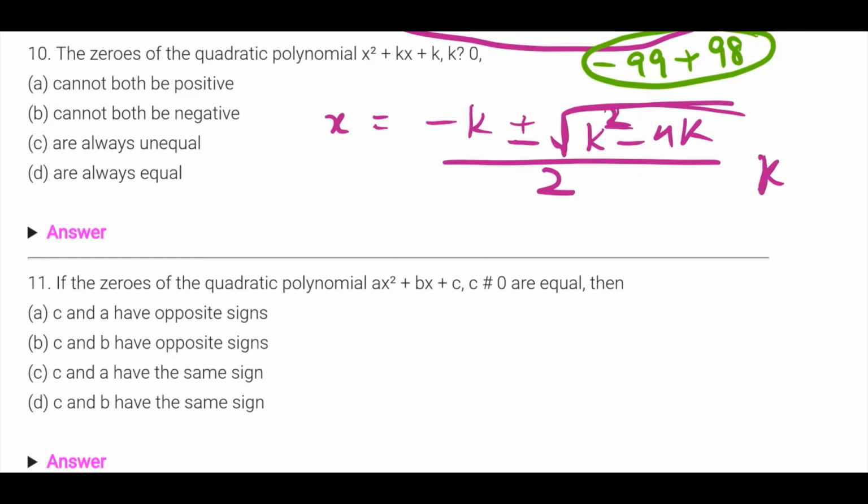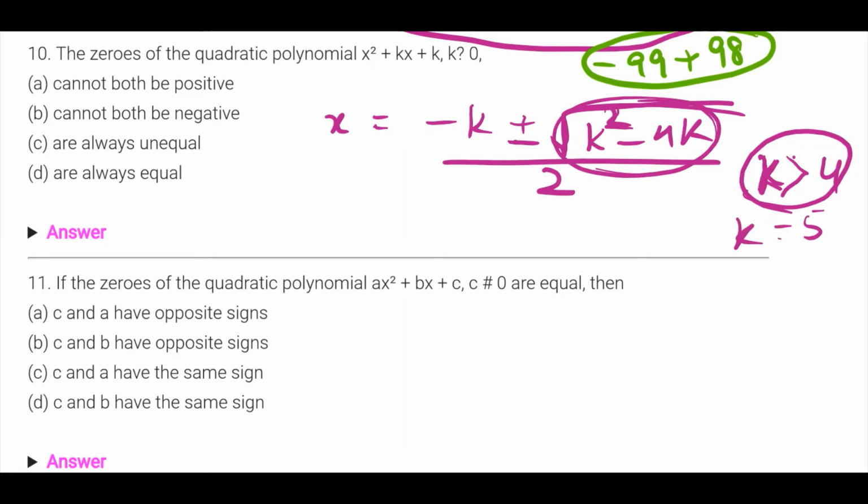We'll take k more than 4. If it is 4, we get 0 and equal roots. If it is 5, we get minus 5 plus or minus root of 25 minus 20, which is root 5, by 2.